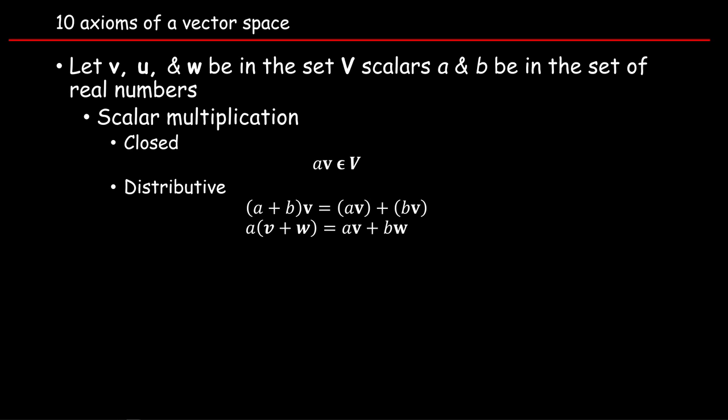And the other one is that the sum of 2 vectors multiplied by a scalar is the same as a scalar multiplied by a vector plus the same scalar multiplied by a different vector.